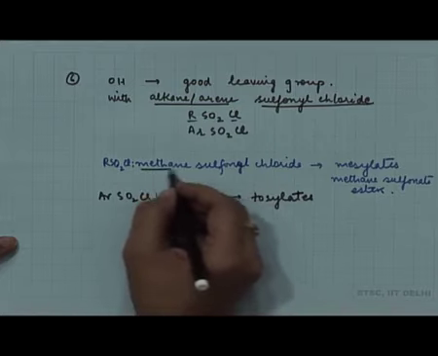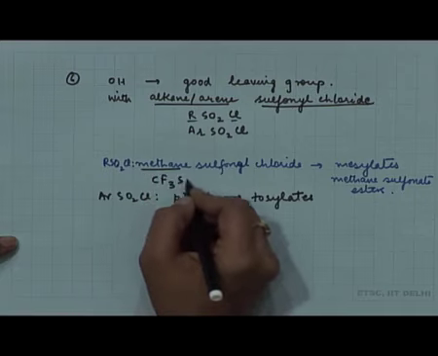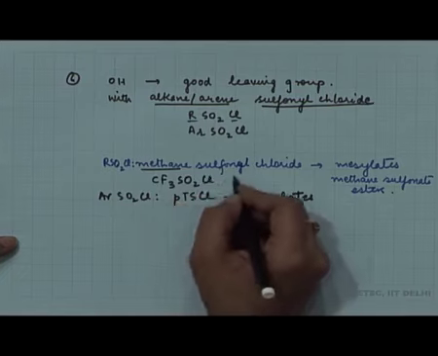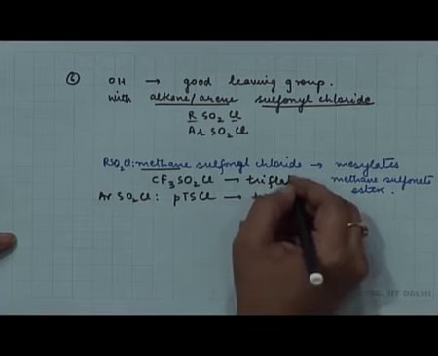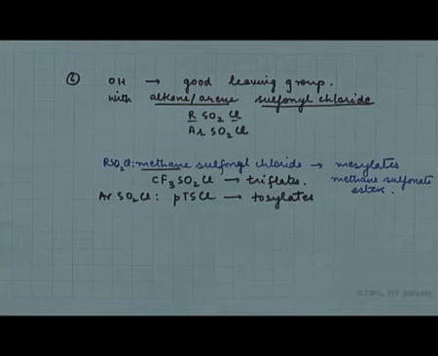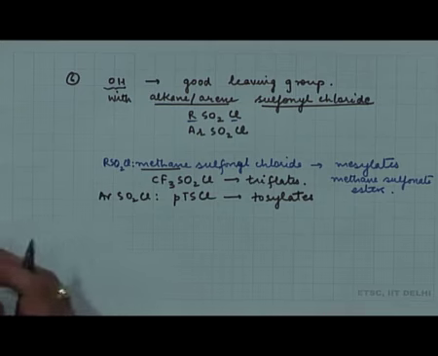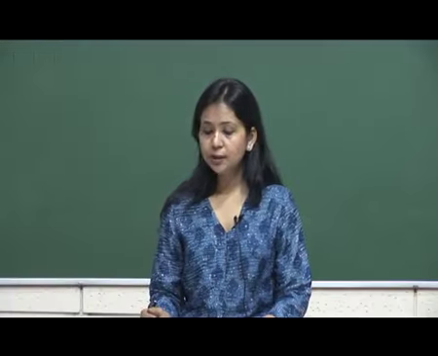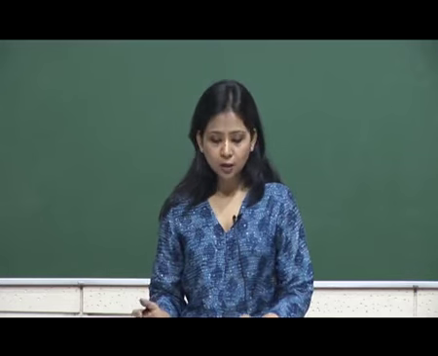In this class, besides methane sulfonyl, you can also treat it with trifluoromethane sulfonyl chloride, and the compound which you get is a trifluoromethane sulfonate ester, which we call triflates. All these are important compounds because they are good leaving groups and they are widely used in synthetic organic chemistry when a hydroxyl is transformed into these tosylates, mesylates, triflates, and then used for subsequent functionalization.